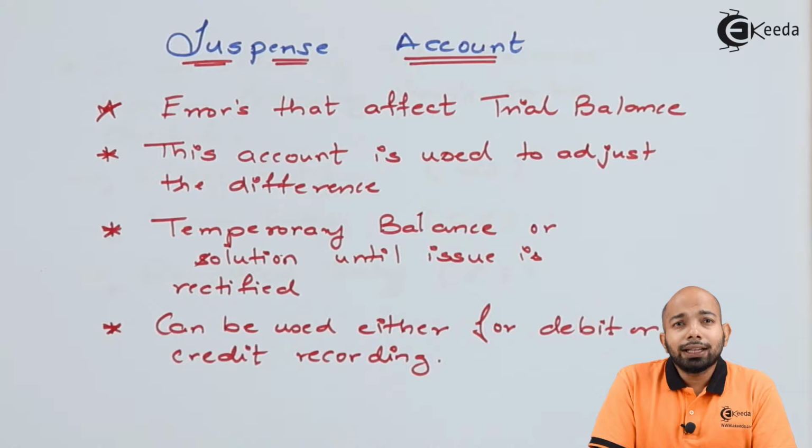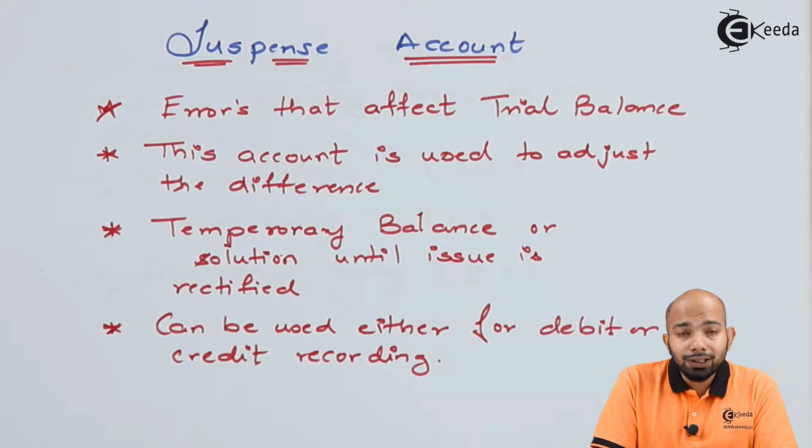So, to ensure that all my financial statements like the profit and loss account and the balance sheet are prepared at the end of the financial year, we need to make sure that this long never-ending process is cut short. Hence, we prepare a suspense account. A suspense account is nothing but a small temporary treatment to ensure that the balance between the debit and the credit side of the trial balance is adjusted for the time being until the issue is rectified.